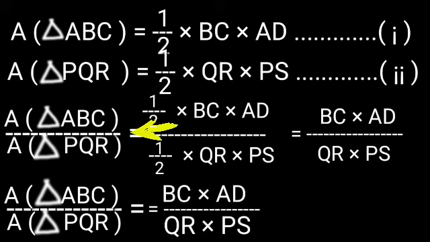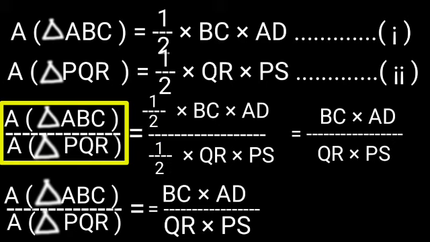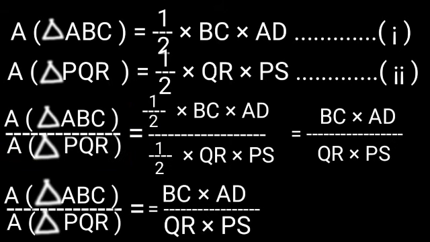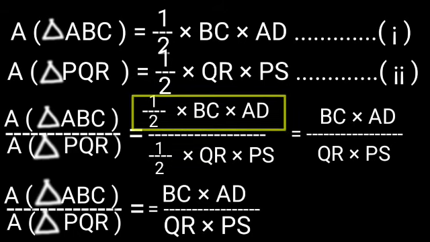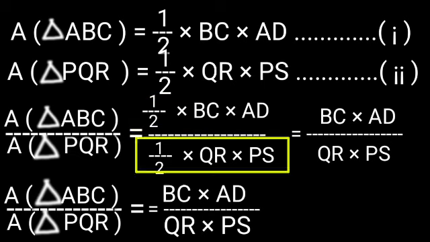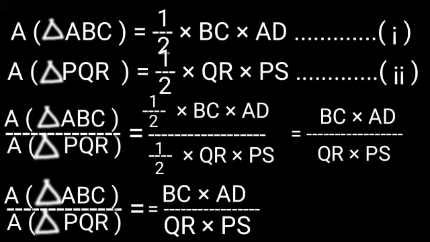We have to take the ratio of the area of triangle ABC and the area of triangle PQR. Hence area of triangle ABC upon area of triangle PQR is equal to, by the first and second equations, 1/2 into BC into AD divided by 1/2 into QR into PS.